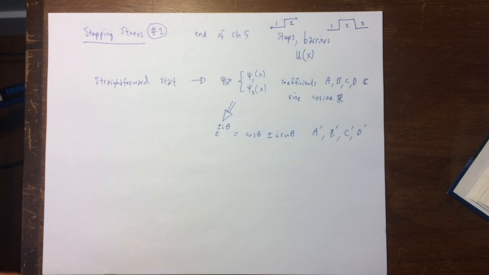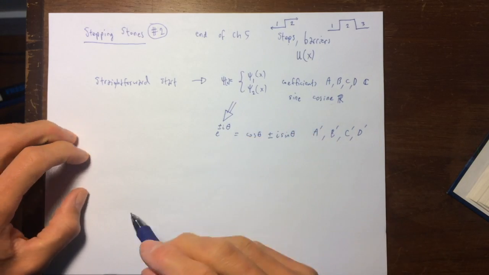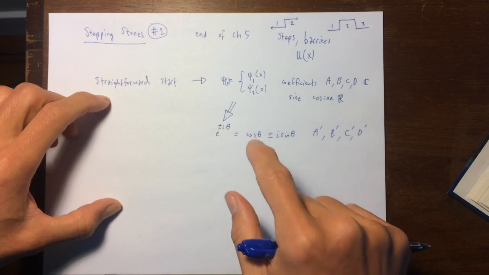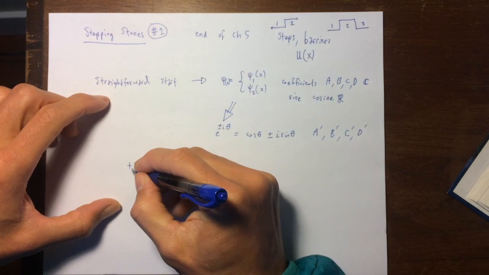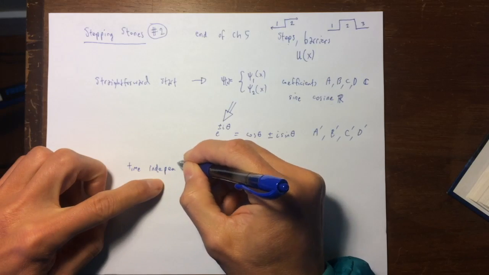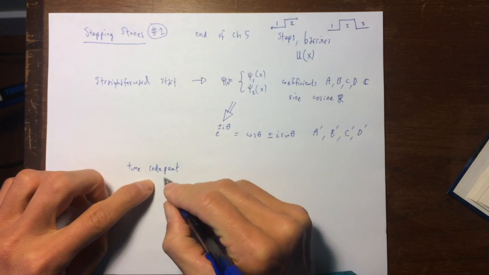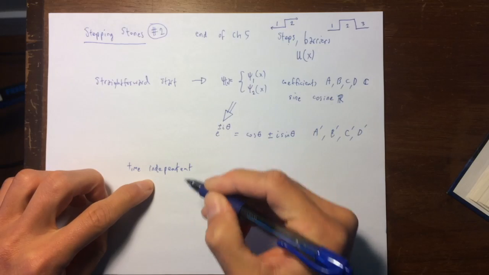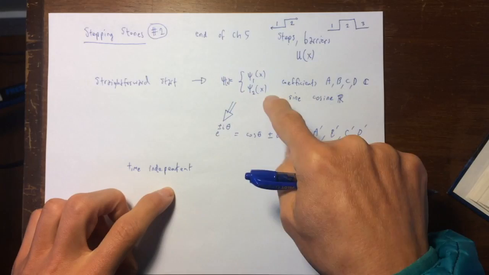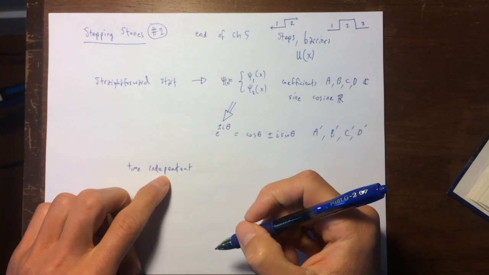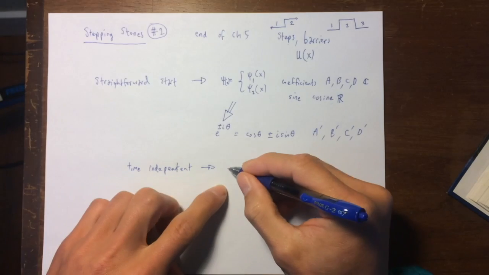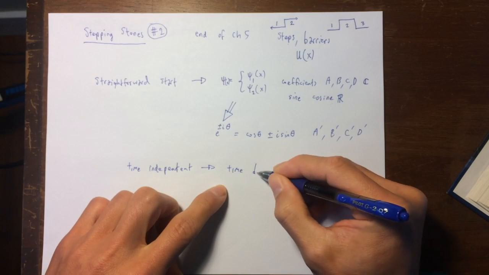So that's one interesting thing. Another interesting thing is to take the time independent solution, that's what this stuff is, it came from the time independent Schrödinger equation, and make it time dependent.